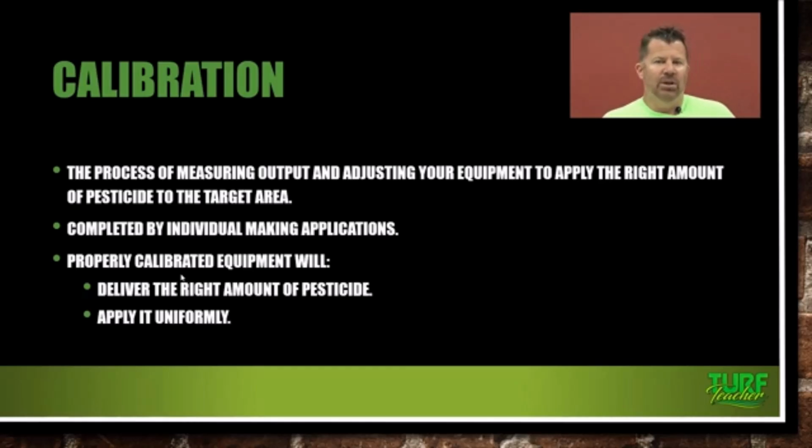Calibration needs to be completed by the individual applying the pesticides. For one, you may have differences in height of your applicators. I'm 5'10". We may hire somebody that's 6'5", has a longer stride than I do, so they're walking faster than me. We may hire somebody that's a little bit shorter. Well, their stride may not be as long as mine. You guys, if you've taken my plant materials classes, you know I'm a speedy walker.